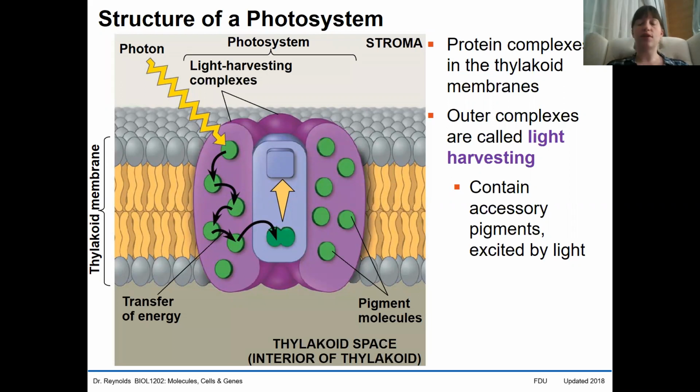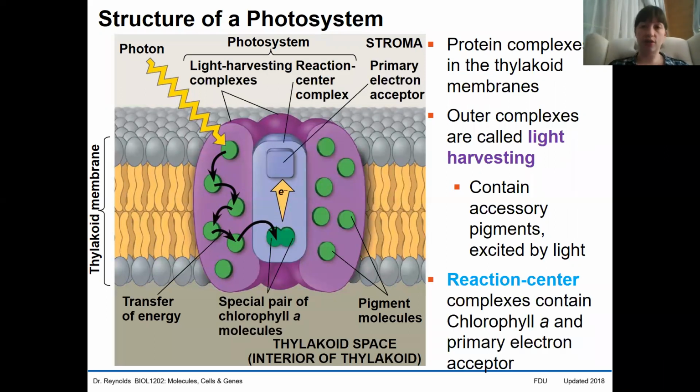And when that electron falls back down to ground state, a more stable form, it transfers its energy to a neighboring pigment, which thus becomes excited and can thus then pass its energy on to its neighbor and neighbor and neighbor. Light harvesting complexes are responsible for the transfer of this energy from light to that core system known as the reaction center.